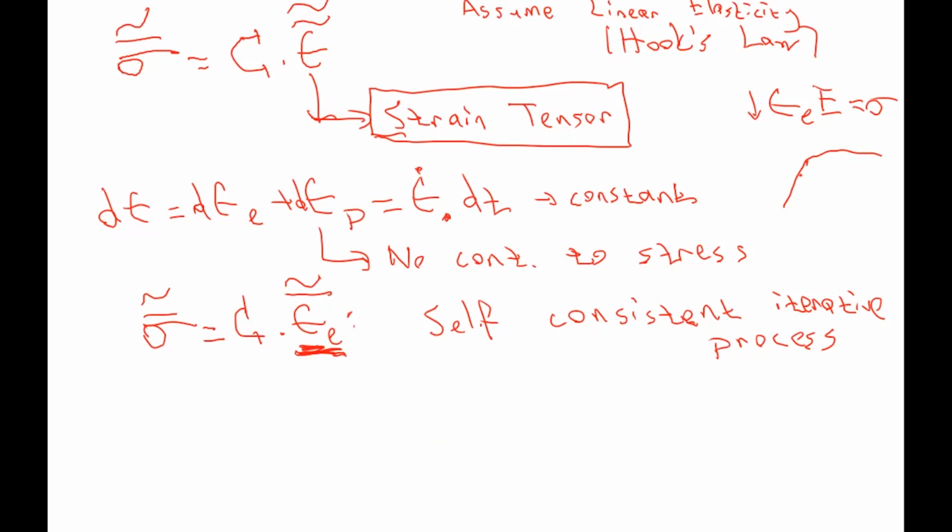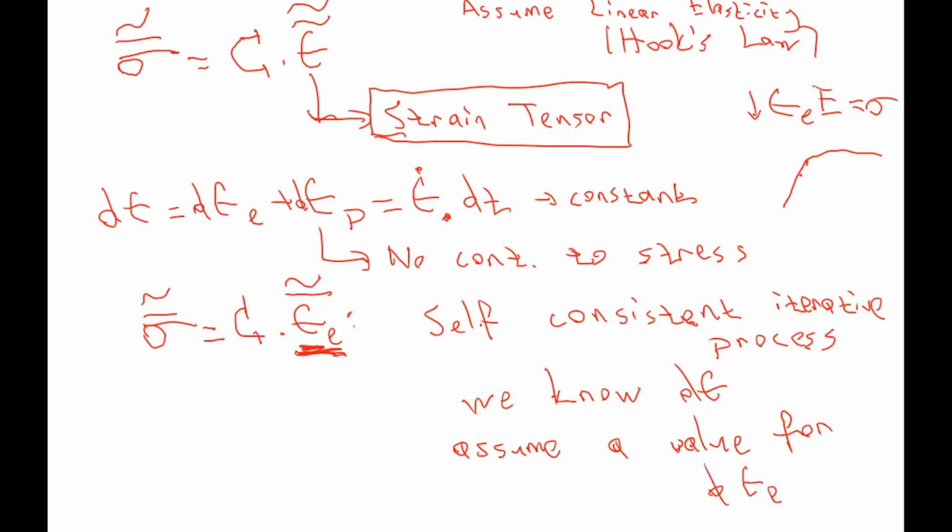So firstly, let me write, we know what the epsilon is. In order to create a self-consistent iterative process, we will assume a value for dE.